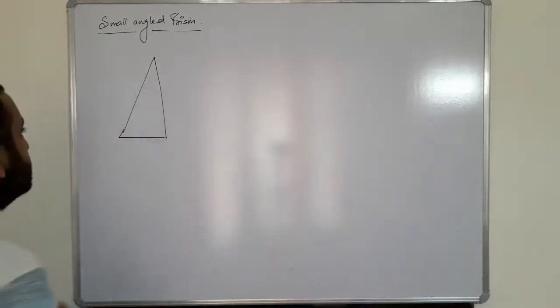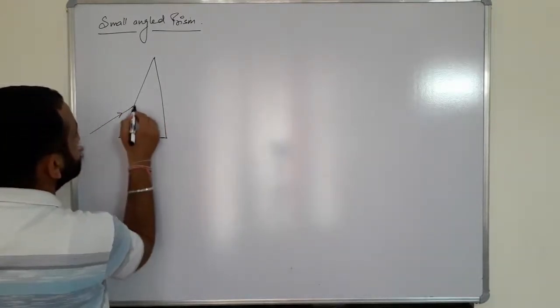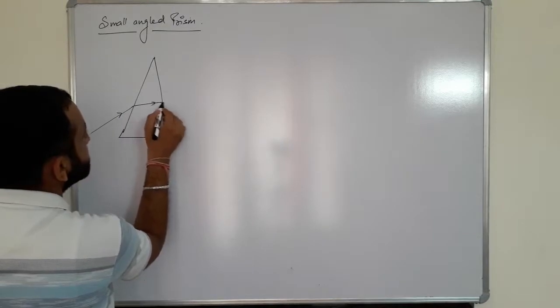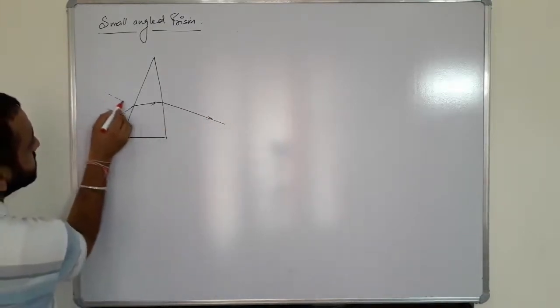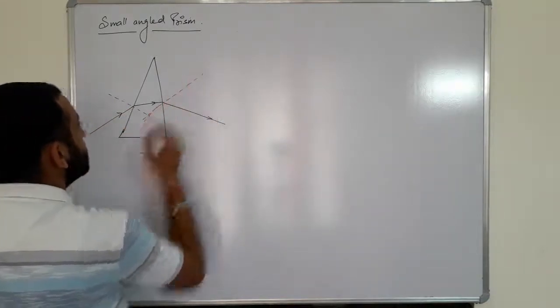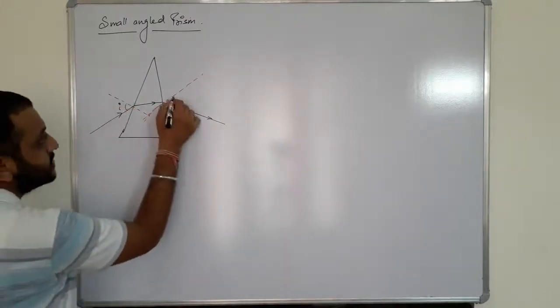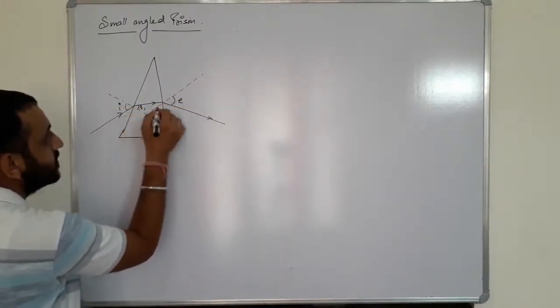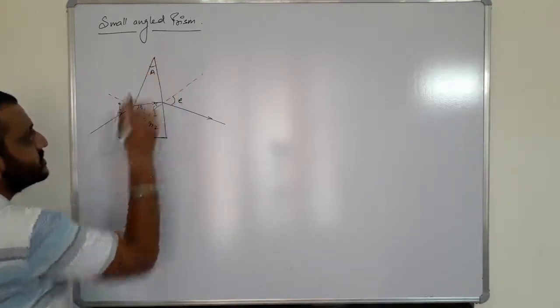This is our incident ray, this is the normal, this will be the refracted ray, and this will be the emergent ray. This is the angle of incidence, this is the emergent angle, this one is R1, and this angle is R2. This is the angle of prism. This is a small angled prism.